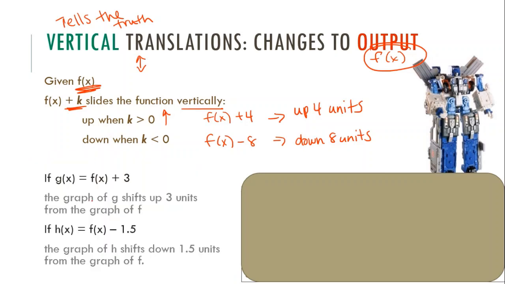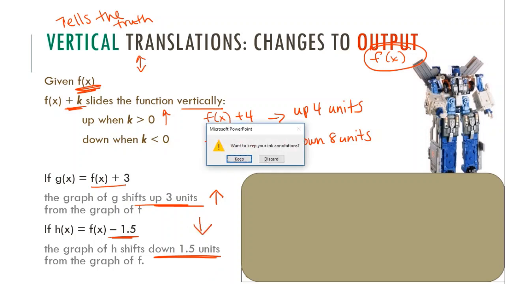So let's look at an example. If I have f of x plus 3, that means I'm going to shift up 3 units. And if I were to have f of x minus 1.5, this really means I'm moving down 1.5 units. We can see that graphically.